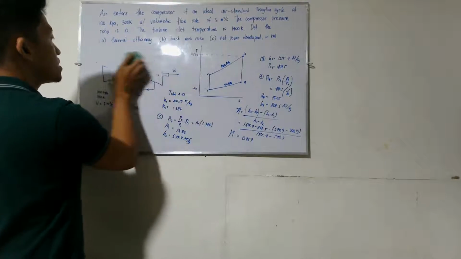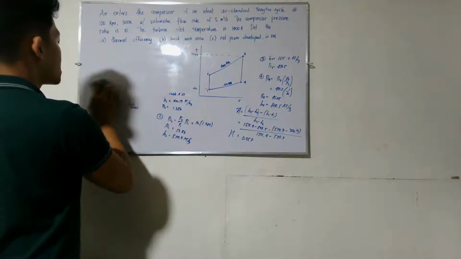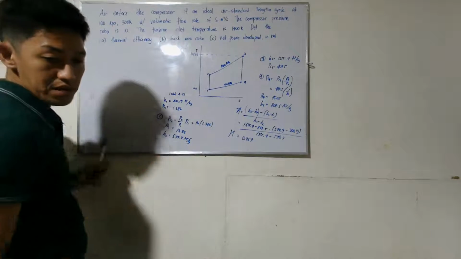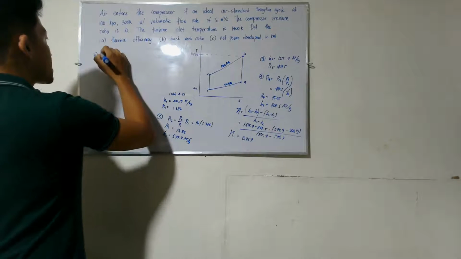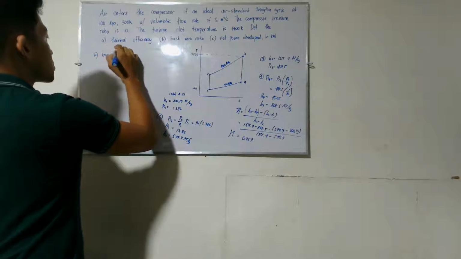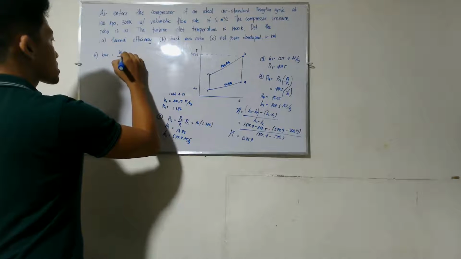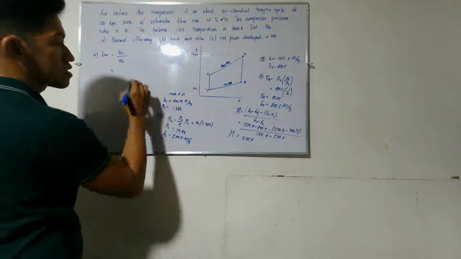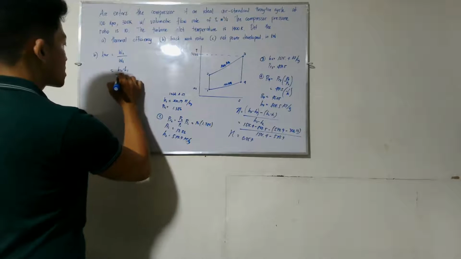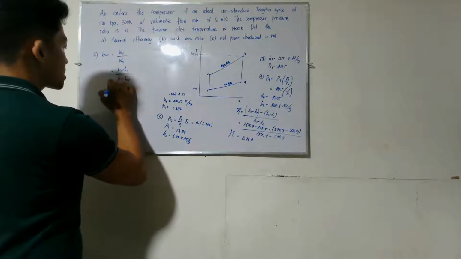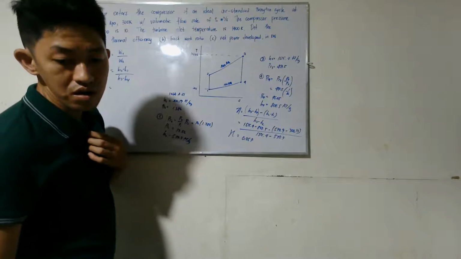Now for the back work ratio, it is just work compressor over work turbine. So you have H2 minus H1 over H3 minus H4. Right?